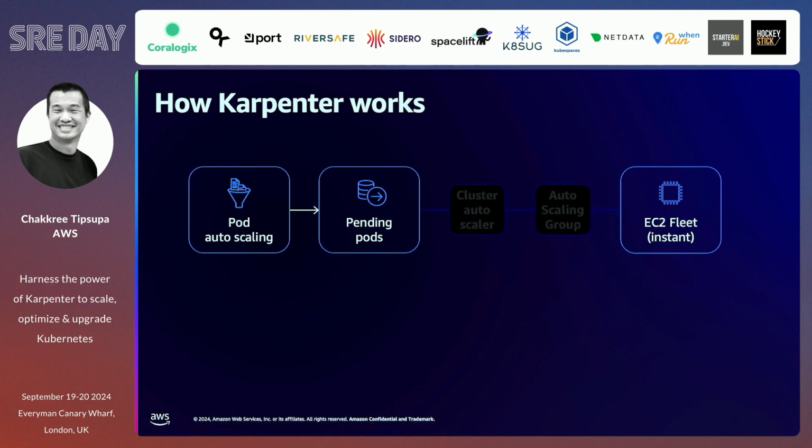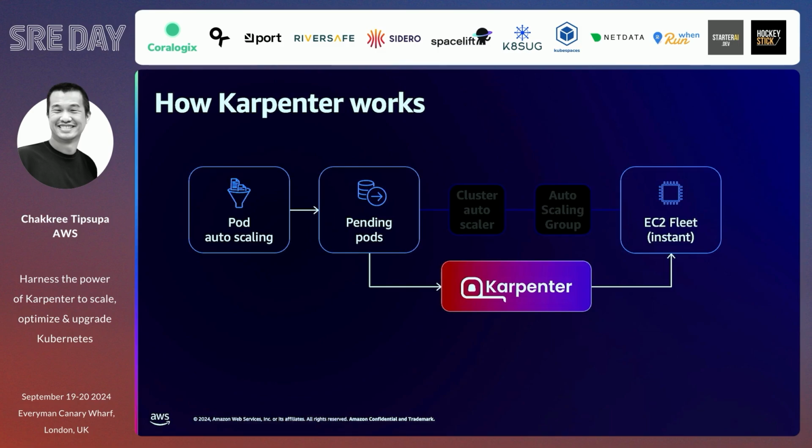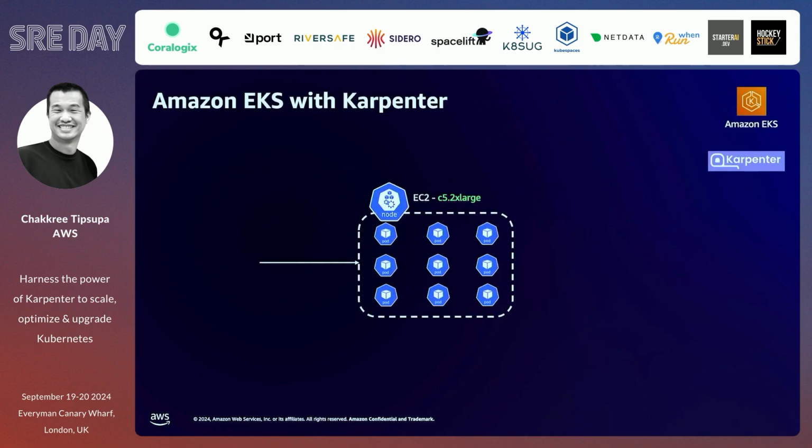But with Karpenter, we get rid of the concept of the node group. We will not need the node group anymore, and we don't need the autoscaling group. It just works with the EC2 API directly, cutting a lot of time and process. And here is how it works for the GPU workload. We now have a C5 2xlarge, which doesn't have a GPU at all.